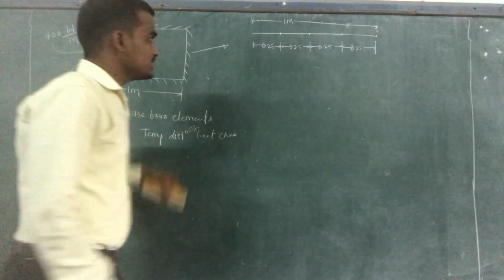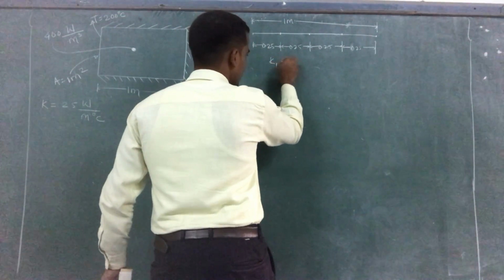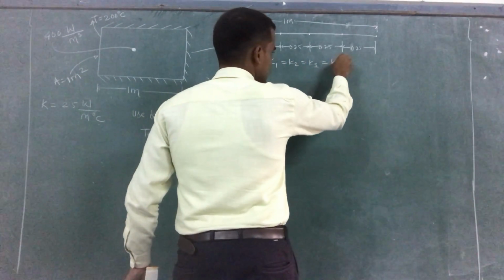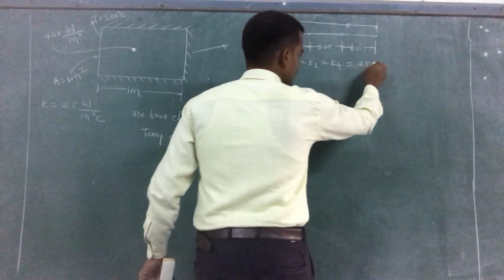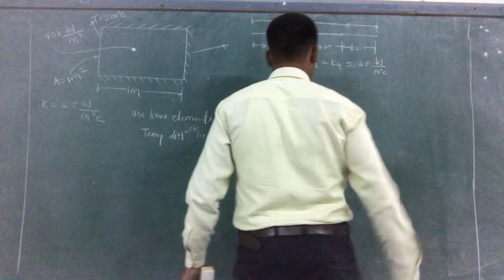It means K is the same for all elements: K1 is equal to K2 is equal to K3 is equal to K4 is equal to 25 watt per meter degree Celsius.